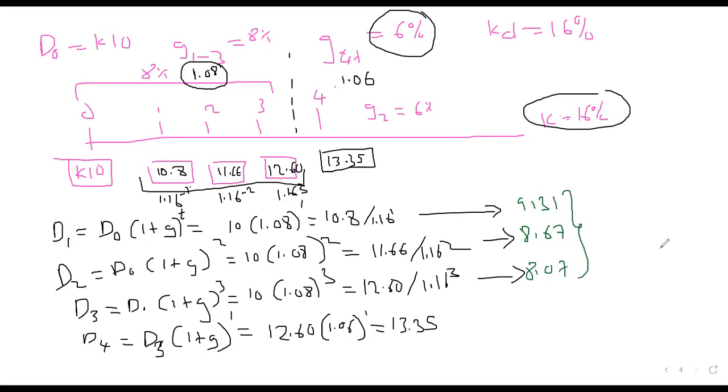When we total up these three, 9.31 plus 8.67 plus 8.07, it gives us the value of phase 1, which is 26.05.